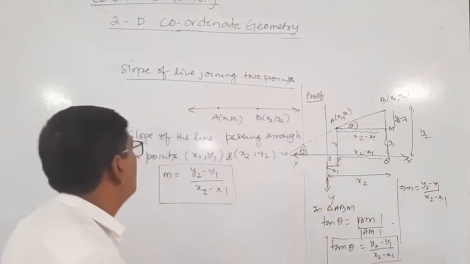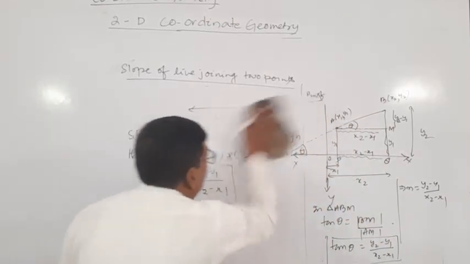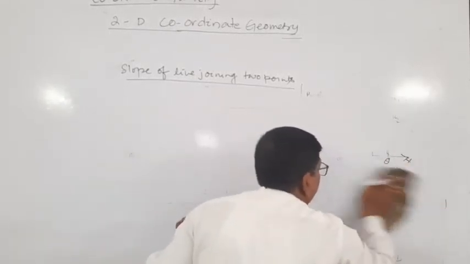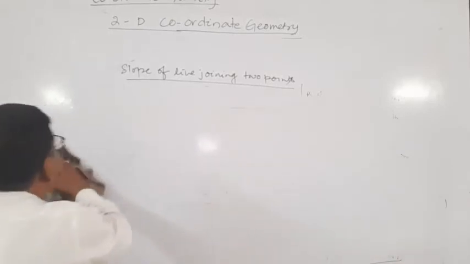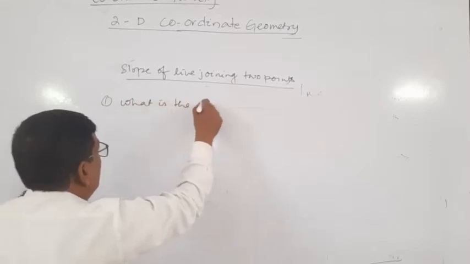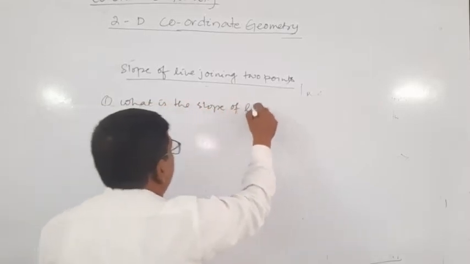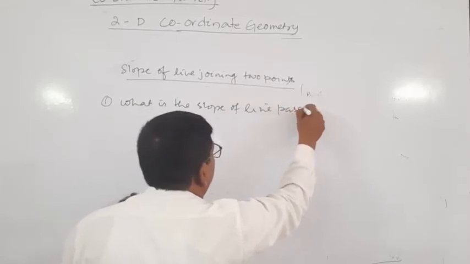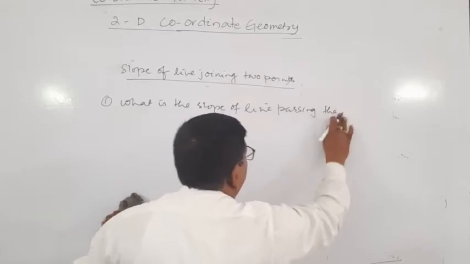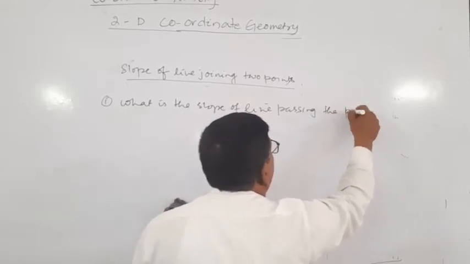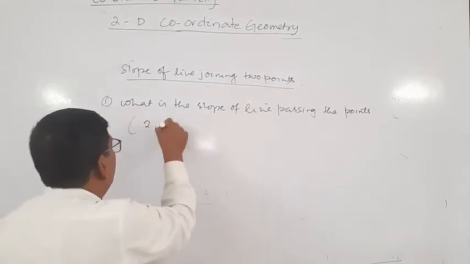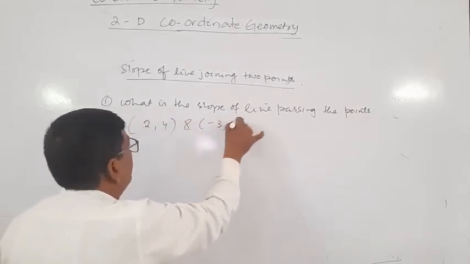Now find the slope of the line passing through 2 points. What is the slope of the line passing through the points 2, 4 and minus 3, 5?